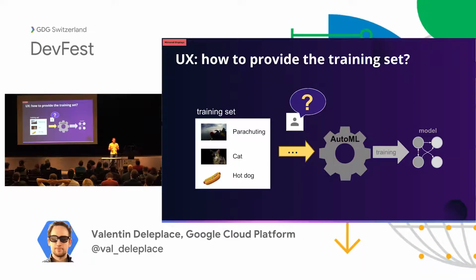You can say, I want the labels and the name of the pictures in a CSV file, a tabular file that comes together with the pictures themselves. So different competing solutions have different UX to provide the input set to AutoML. And then all the rest is pretty much automated. A few minutes later, you just get a model that is ready to infer.